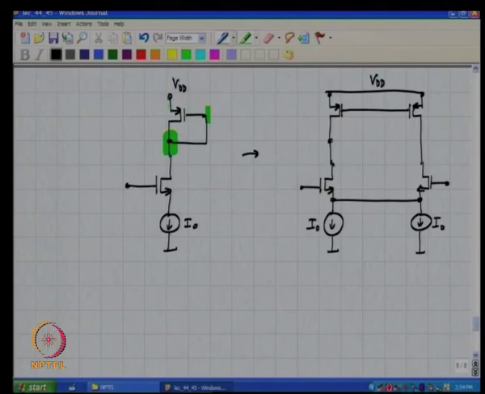So, what one must do is to sense the common mode some way. The easiest way is to simply do this as I had indicated before and put this here, right.